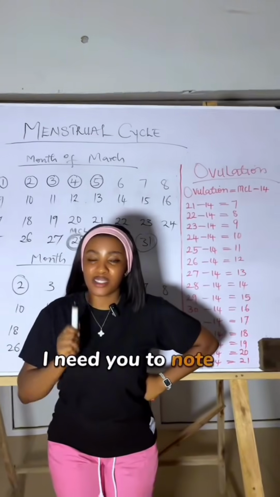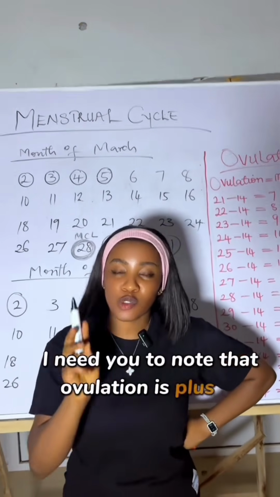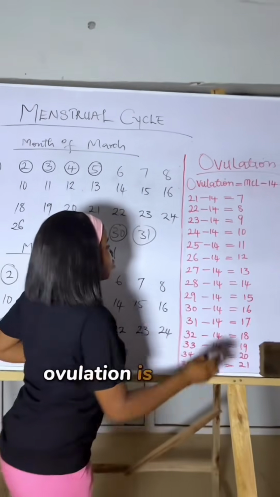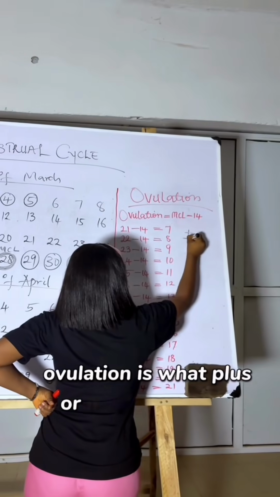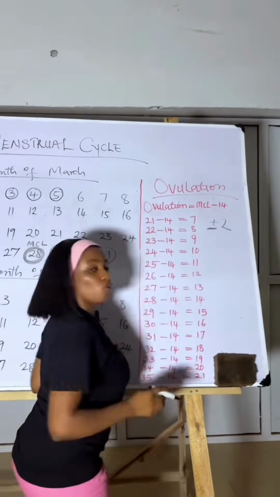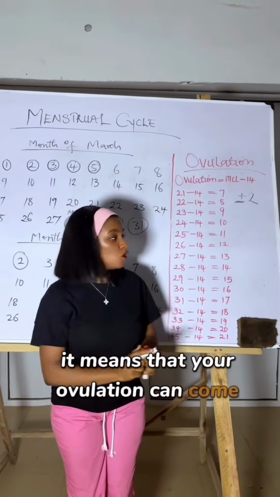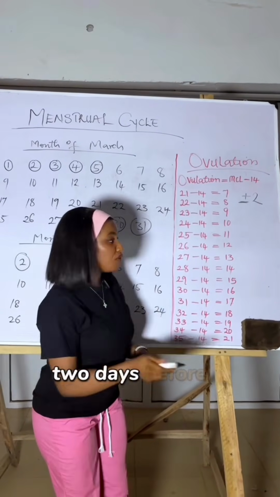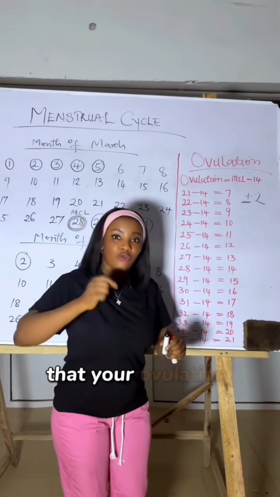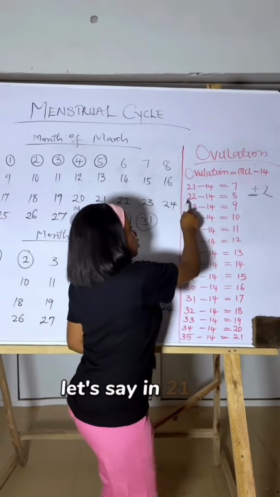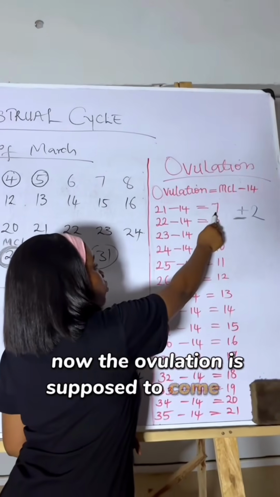Also, I need you to note that ovulation is plus or minus 2. Ovulation is what? Plus or minus 2. What do I mean by this? It means that your ovulation can come 2 days before the actual number that your ovulation is supposed to come. Let's say in 21 days, the ovulation is supposed to come on day 7.